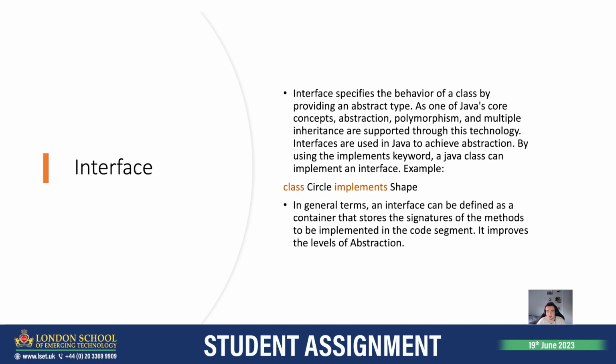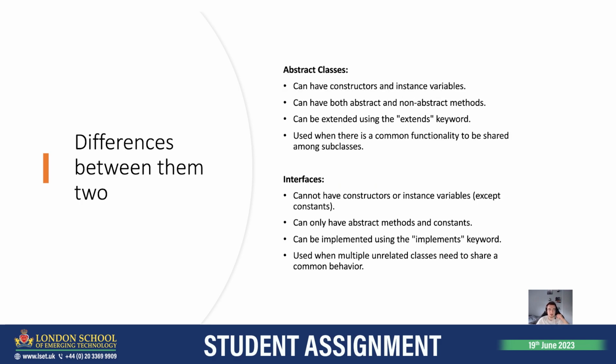So what are the differences between the two of them? Abstract classes can have constructors and instance variables, can have both abstract and non-abstract methods, as I said before, and can be extended using the extends keyword. Because it's still a class, it can extend.